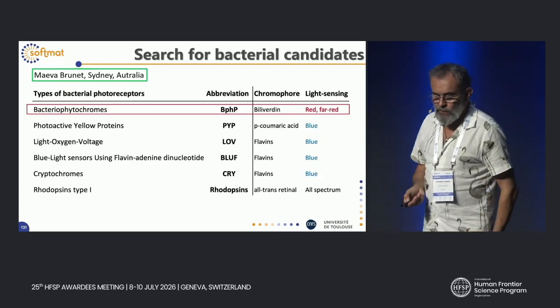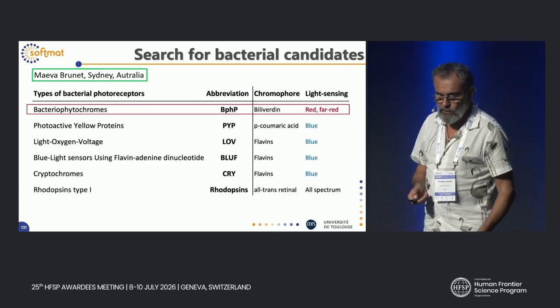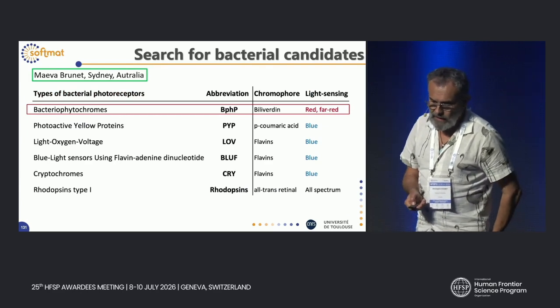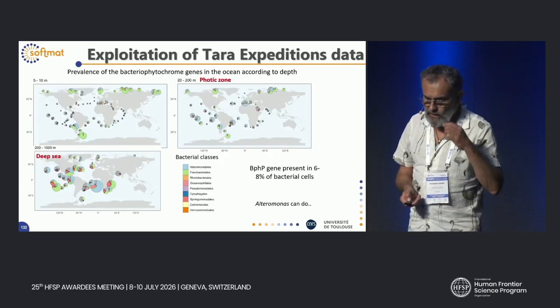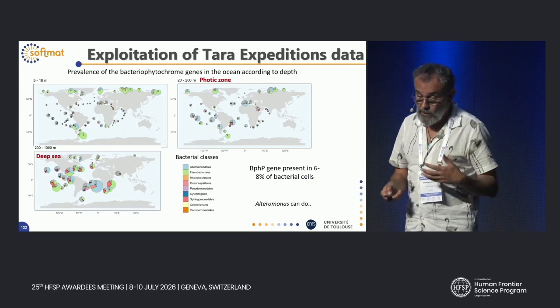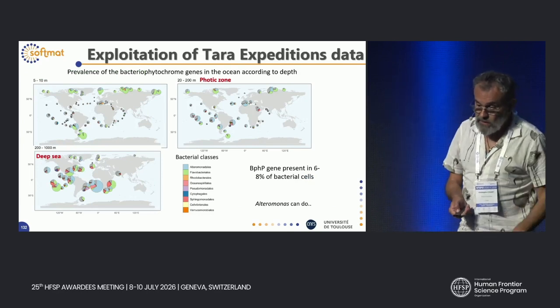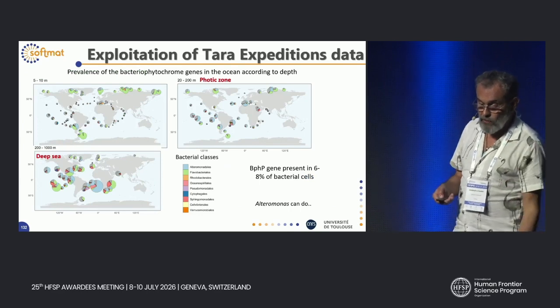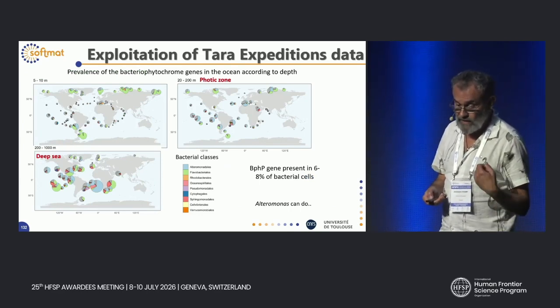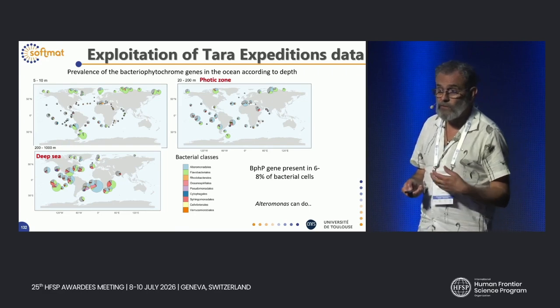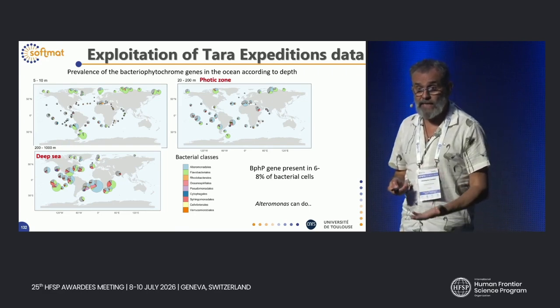Now for the red light, the bacteriophytochrome again was selected by Sydney, and we started to explore the abundance of the genes of these pigments among all the oceans, and especially according to the depth. We've seen that in deep sea, bacteriophytochromes are quite present, although there is not much red light at this level.